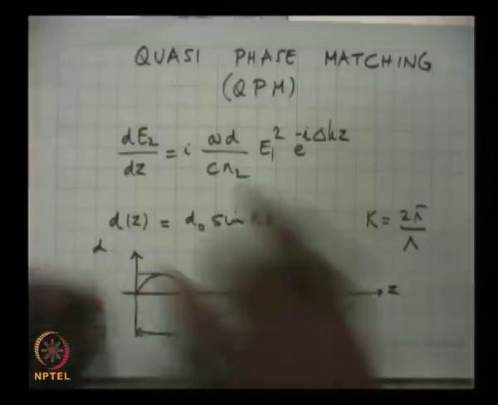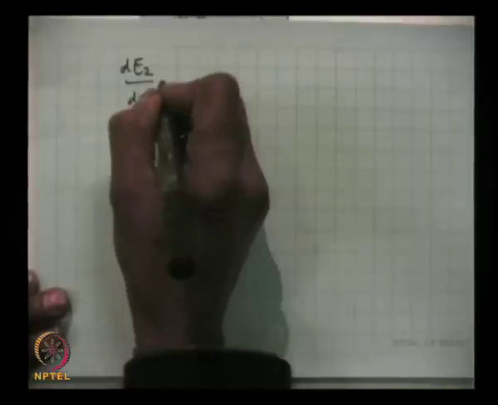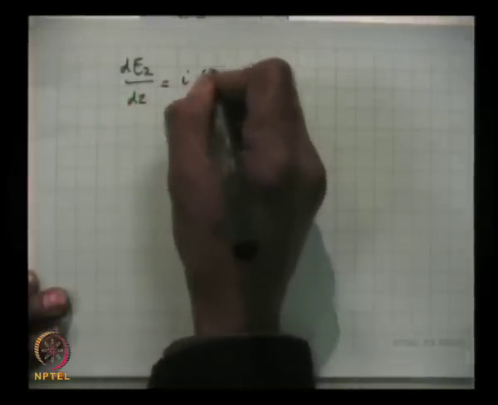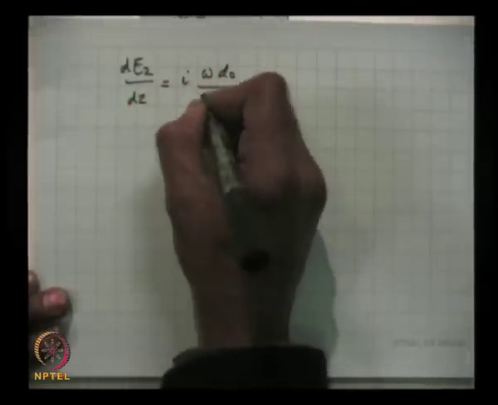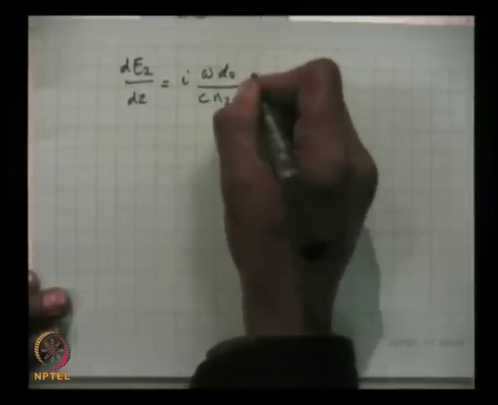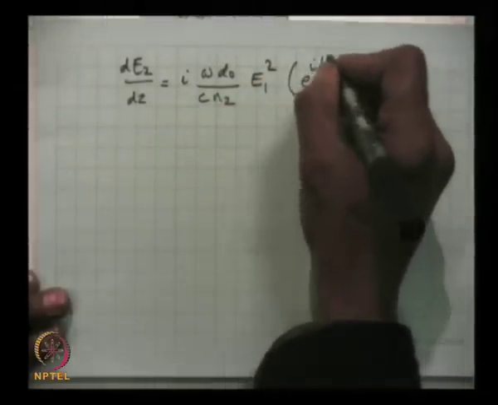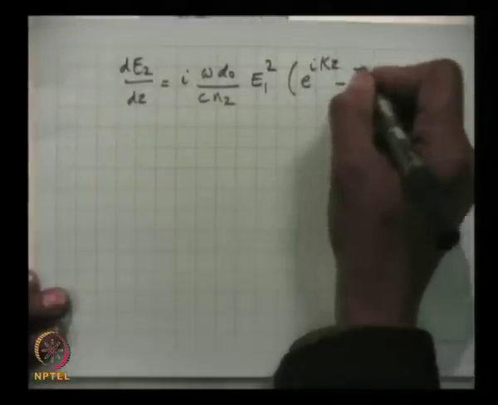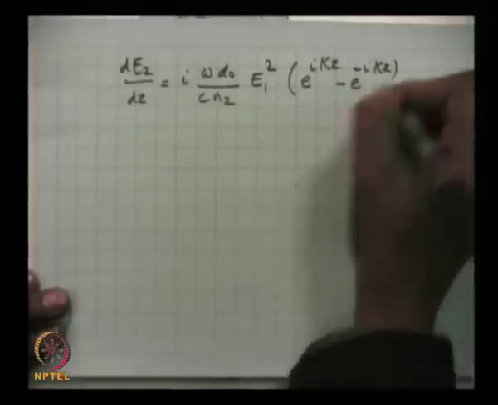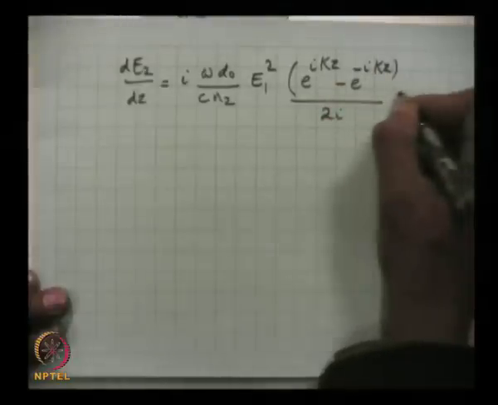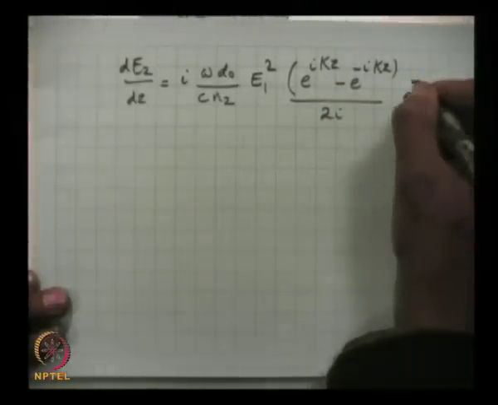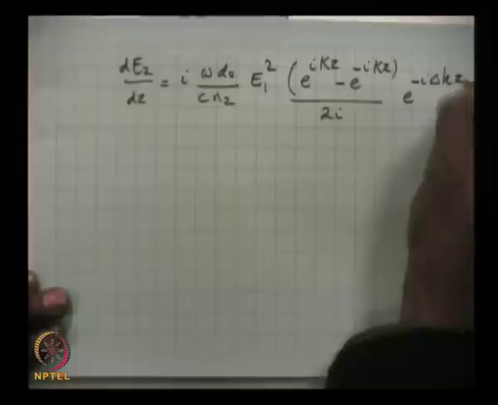So, let me substitute into this equation. So, what happens to this equation? dE2/dz is i ω d0/(c n2) E1². Now, sin Kz I write as (e^(iKz) − e^(−iKz))/2i, times e^(−iΔk z).